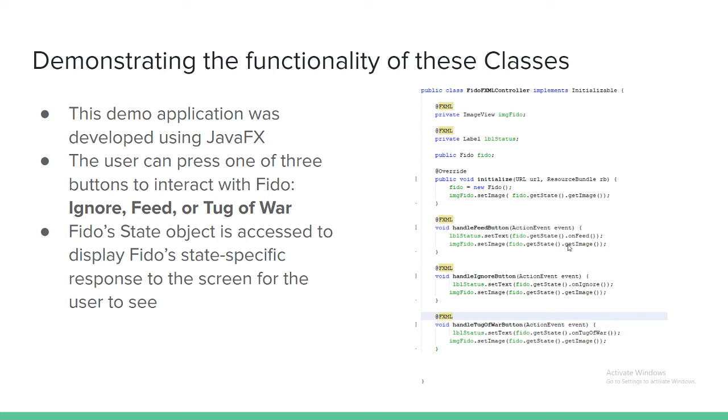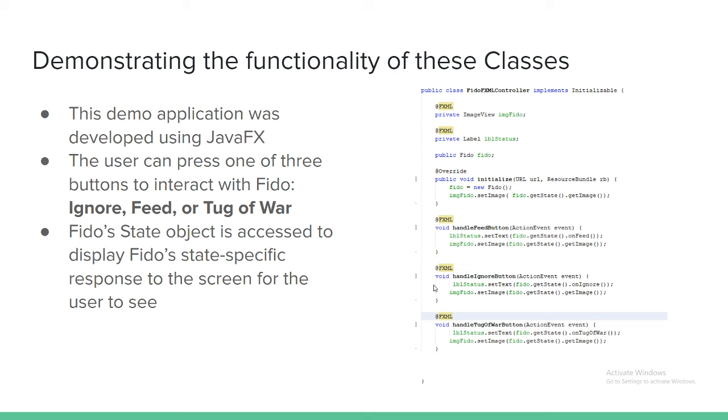So the state-specific image is displayed to the user as well. And same with the ignore button and the tug of war button. So as you can see, the context, the state object is what's actually handling all of the behavior, the specific state object.